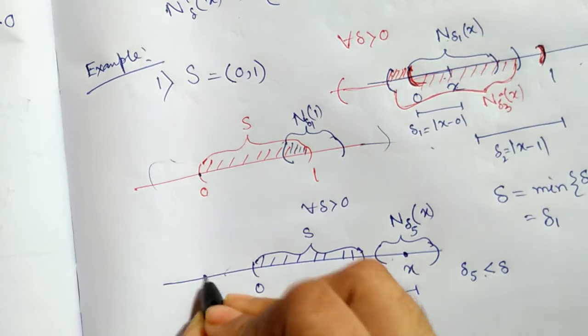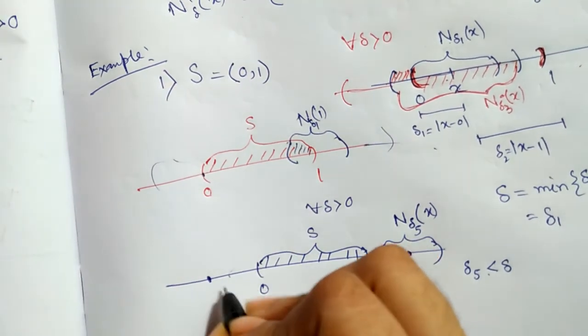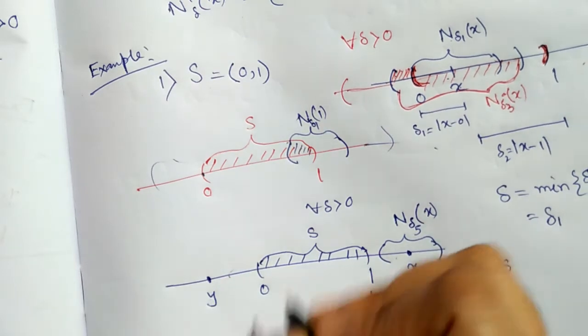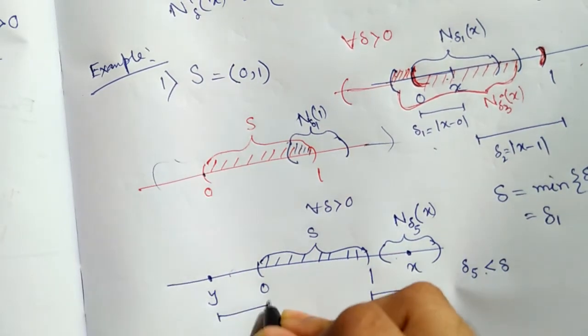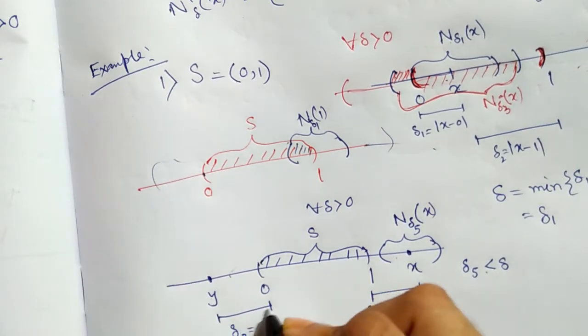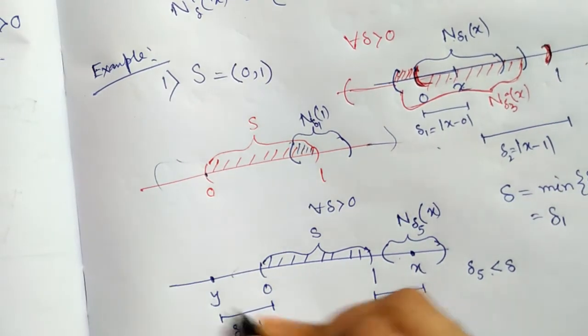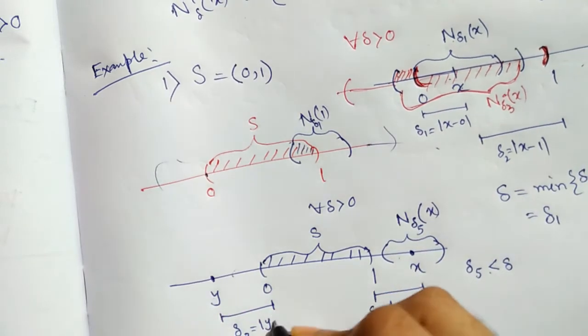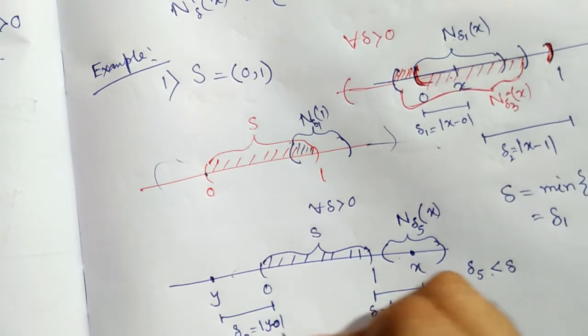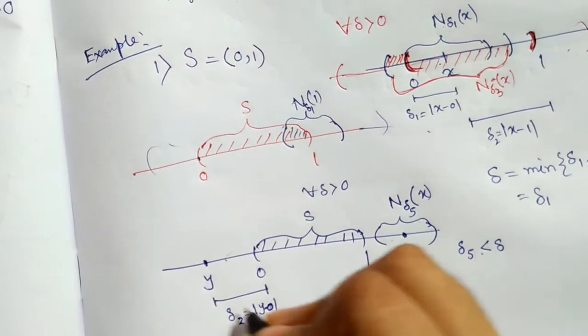Similarly, in the left portion of 0, suppose this is any arbitrary point y, and suppose this is our delta 2 distance, the distance between y and 0, that is |y - 0|.